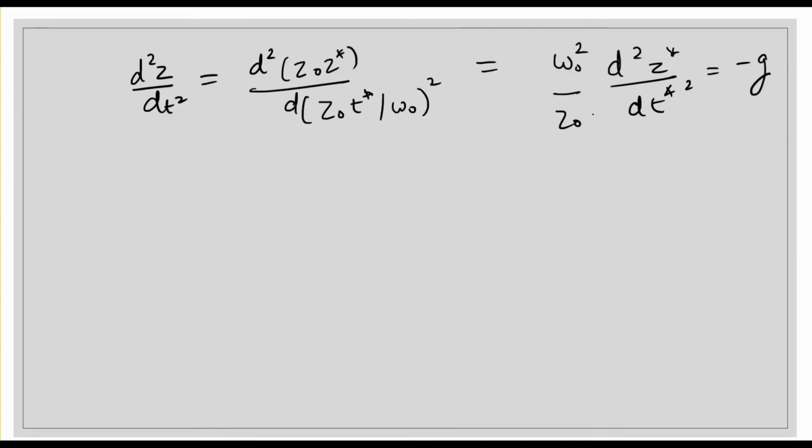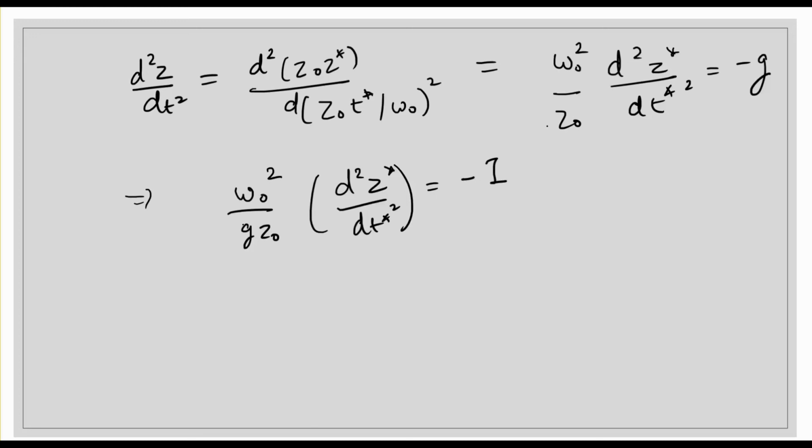This implies that I can write this equation as z naught g by w naught squared, d squared z star by d t star squared. Now if you see this quantity, I can write it as the Froude number. So I will give it a name, Fr squared. This is equal to this. Then this gives you a dimensionless number.